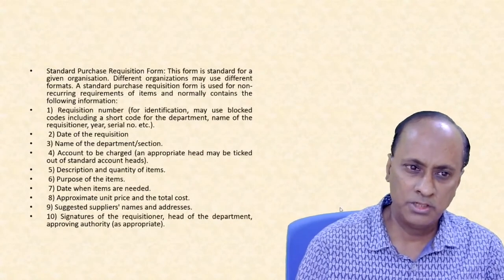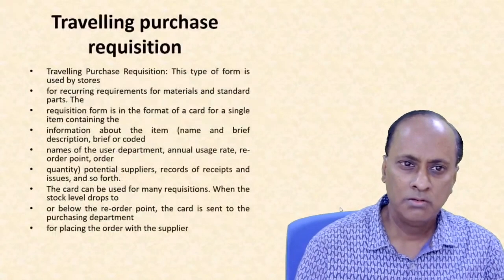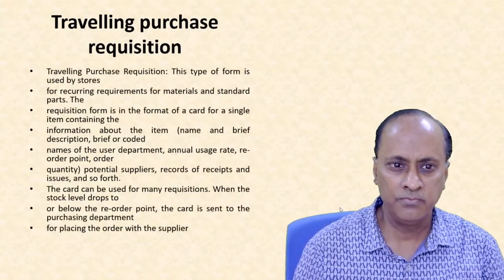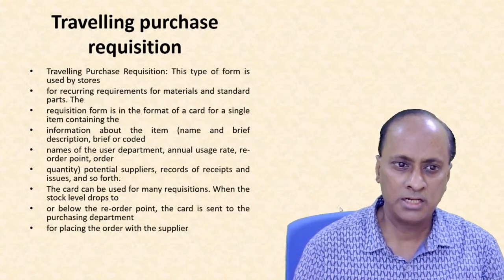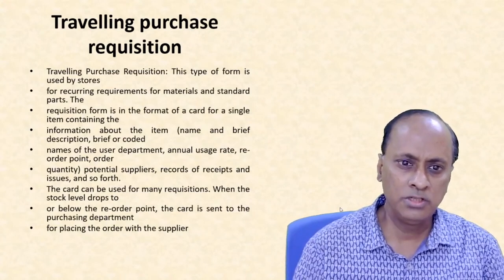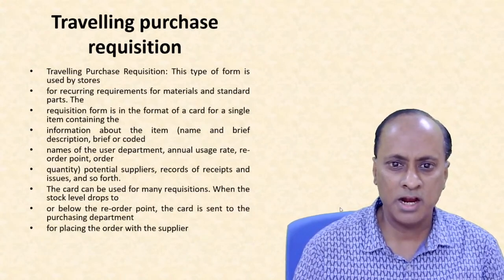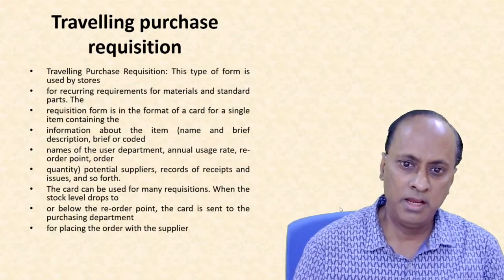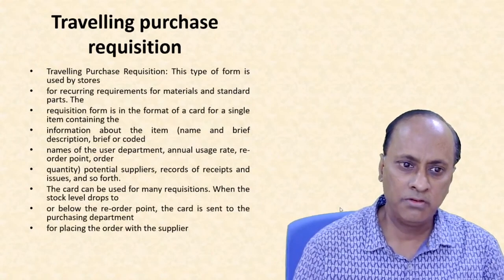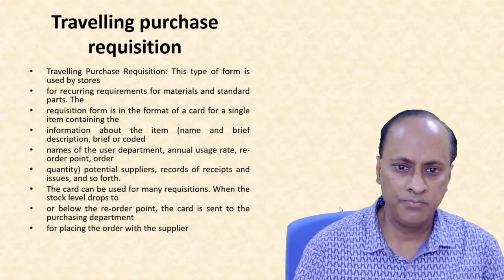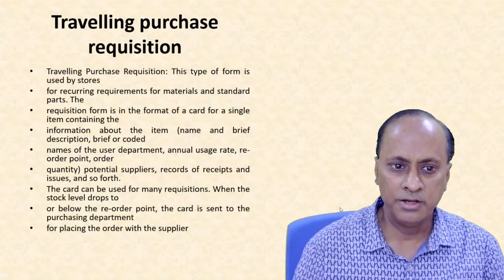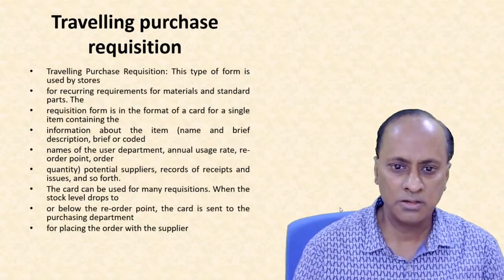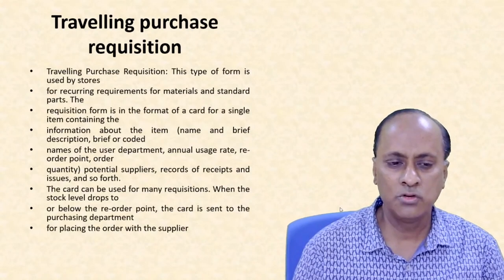Now, the standard purchase requisition form is used by the departments, while the traveling purchase requisition is required by the stores for recurring requirements of materials and standard parts. The requisition form is in the format of a card for a single item containing information about the item: name and brief description, brief or coded names of the user departments, annual use rate, reorder point, order quantity, potential suppliers, records of receipts, issues and so forth.